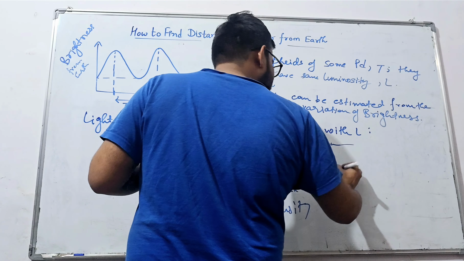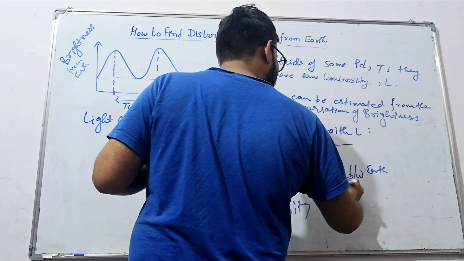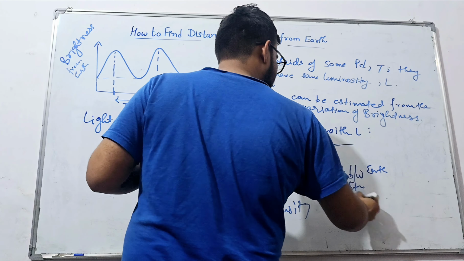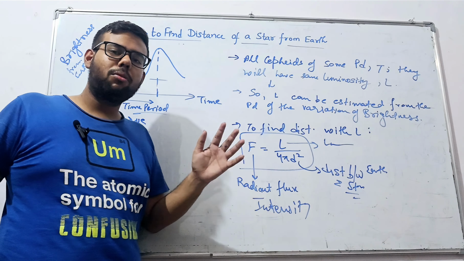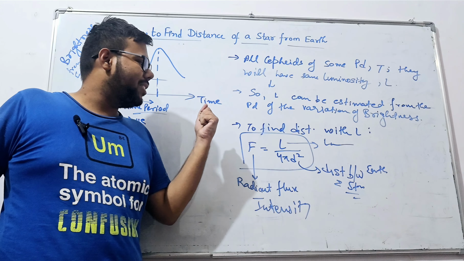And d is the distance between Earth and star. So this is the process that we are going to use while calculating the distance of a star.